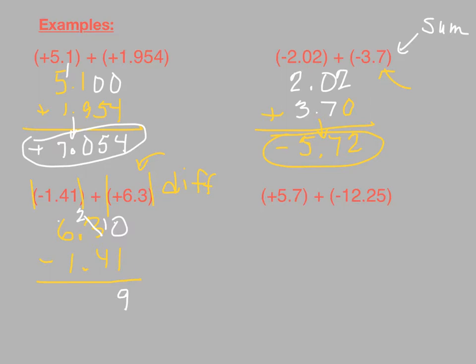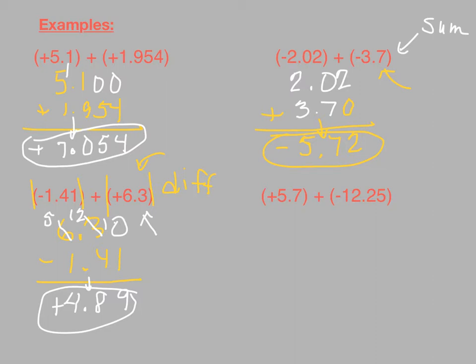I need to borrow from the 6. 6 becomes 5. 2 becomes 12. 12 minus 4 is 8. 5 minus 1 is 4. Drop my decimal straight down. It's 4.89. Now I just need to decide what the sign is. Again, this has got the larger absolute value, so my sign is going to be positive. Positive 4.89.